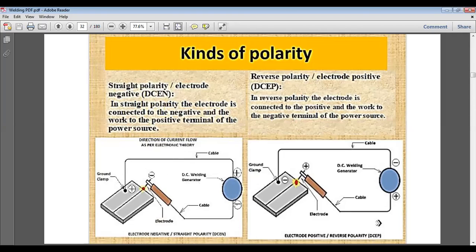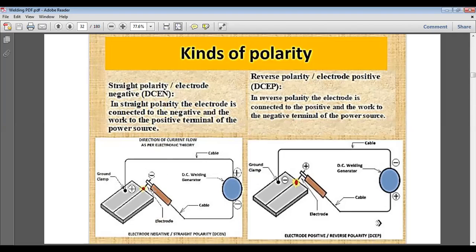When the negative terminal is connected with the electrode, and the positive terminal is connected with the metal, this arrangement is known as direct polarity.